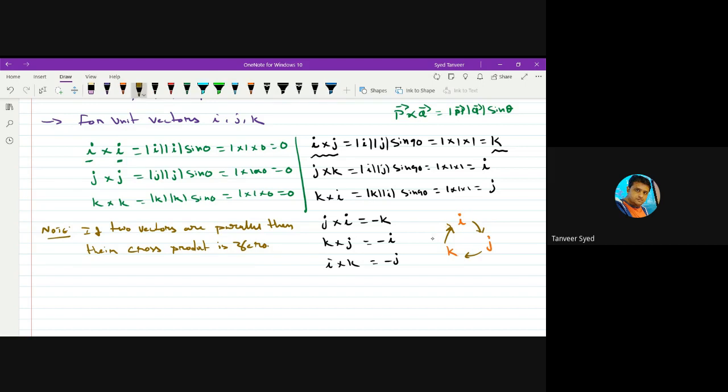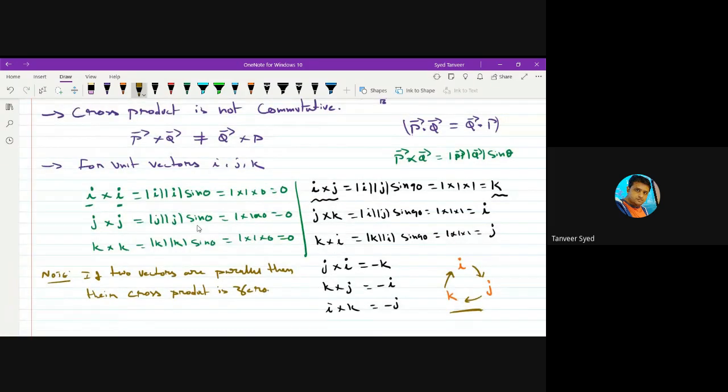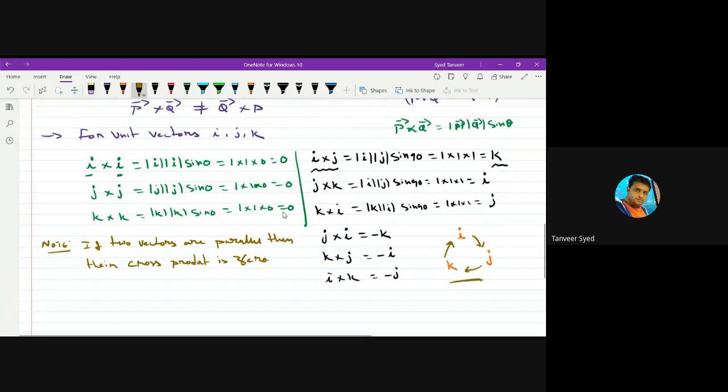Like that, if you go in clockwise direction, you will get the product. Just a shortcut to remember, or if you are clear with that concept, you don't need this. Okay, right. This is the cross product, vector product, of unit vectors.